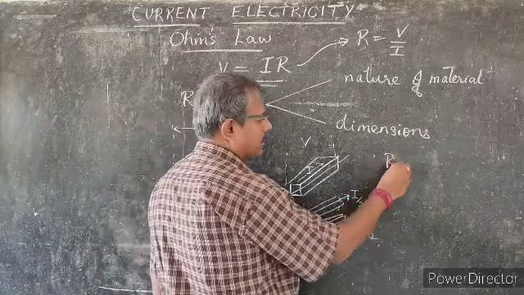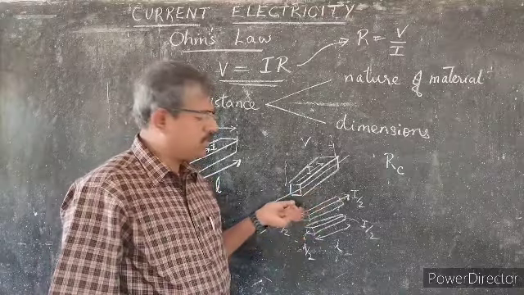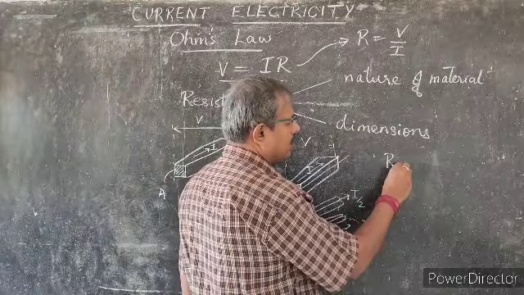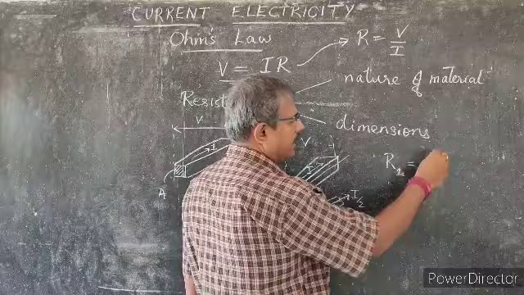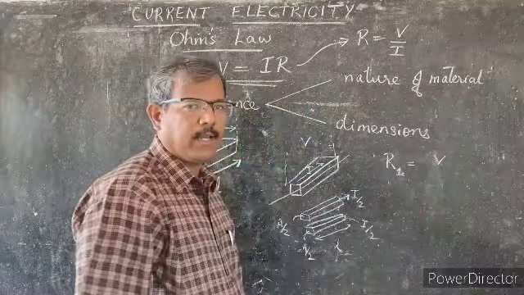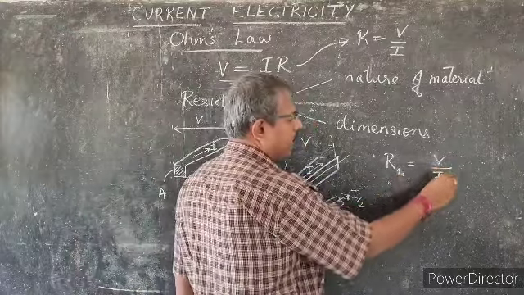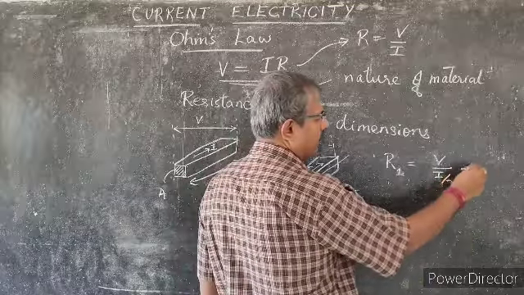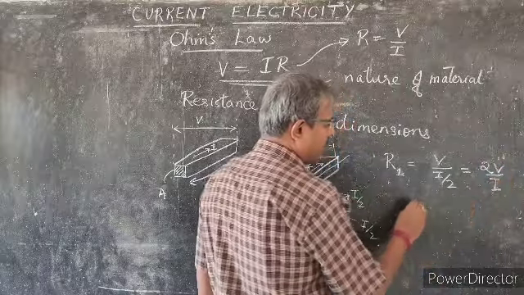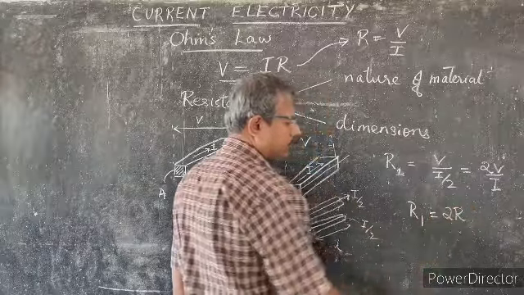Now what do you think is the combined or the resistance of one of these blocks? So let me call it as resistance of one block. That's again given by the ratio of V by I. V is still the same, which is voltage that's applied across the entire length, but current has now become half of original. So effectively we are seeing that it becomes 2V by I, which means R1 is 2R.